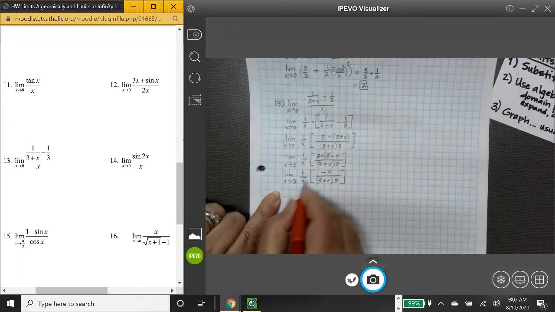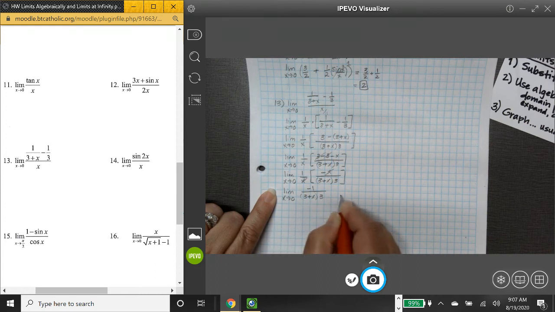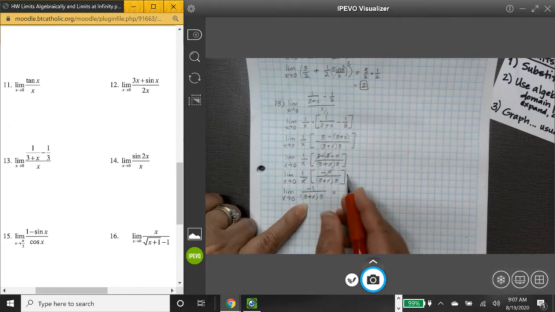So here we go. The x's cancel. I'm left with a negative 1 in the numerator, so this is negative 1 over 3 plus x times 3. And now I can use substitution and put 0 in the denominator, and I get negative 1 over 3 times 3, so it's negative 1/9.